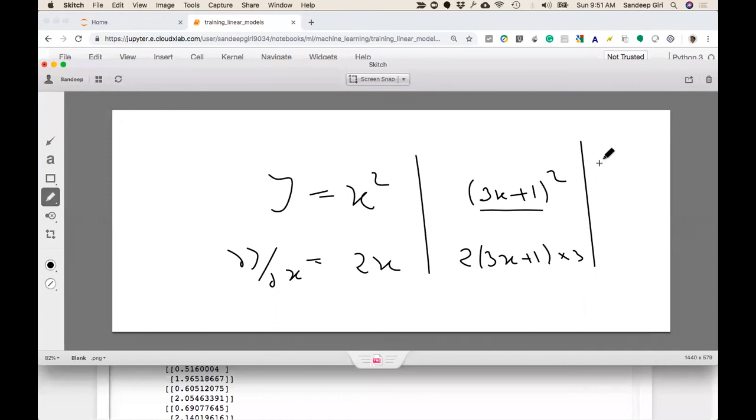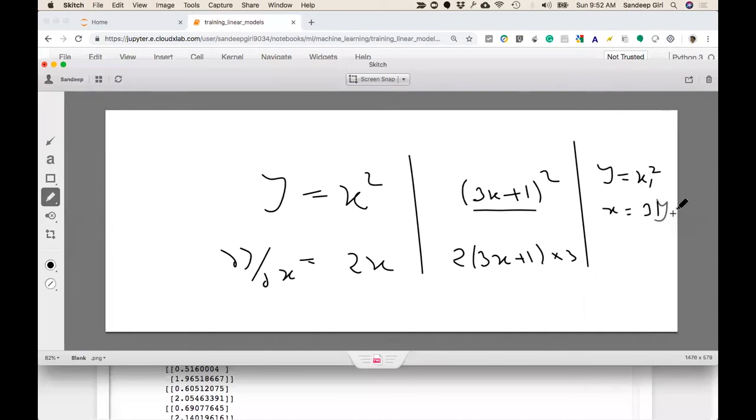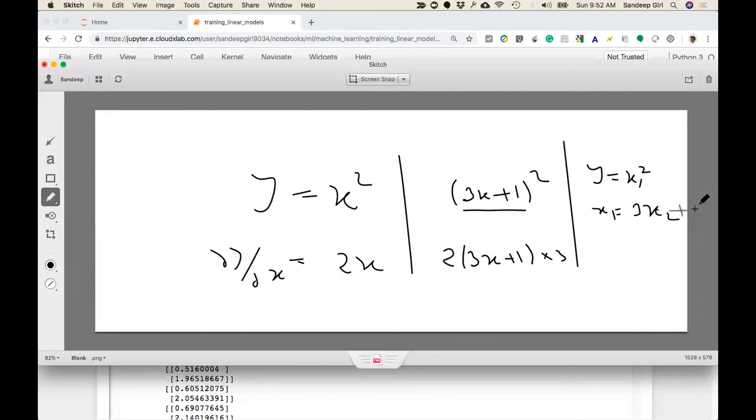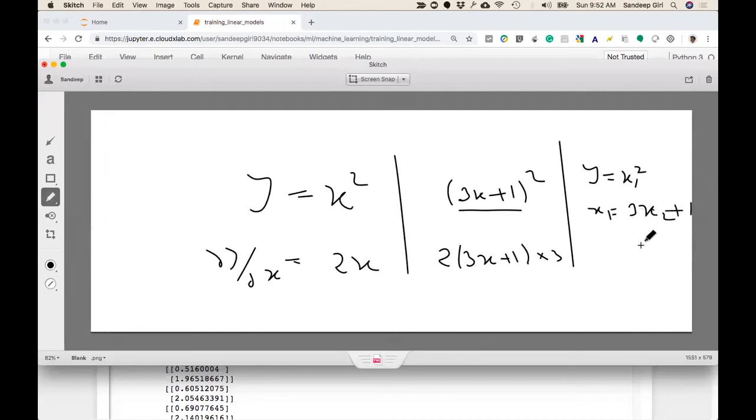We can also represent it like y equals x1 square, and x1 equals 3 times x plus 1. We could also write it like this.